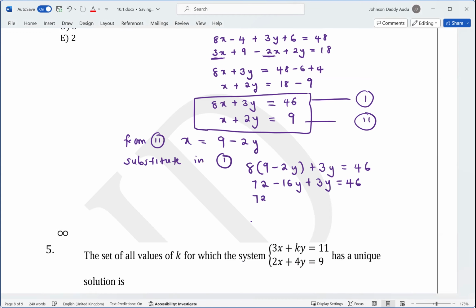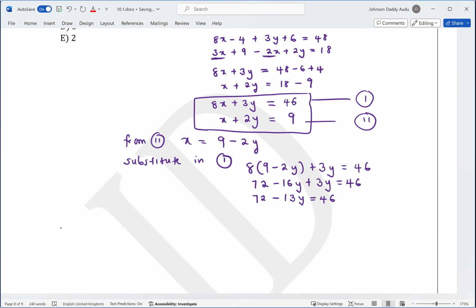So 72 minus 13y equals 46, correct? So we have 72 plus what? Plus 46 is going to be 13y. So this is 118. It equals 13y.